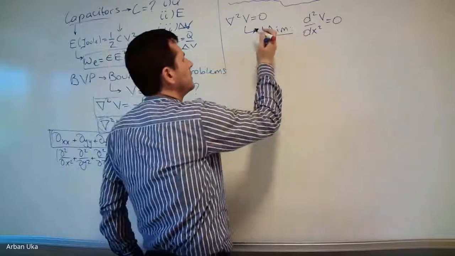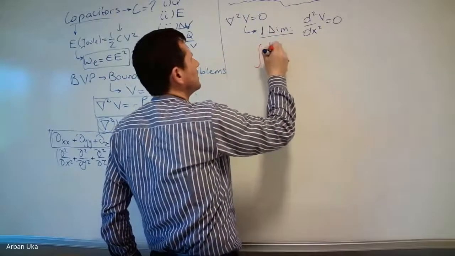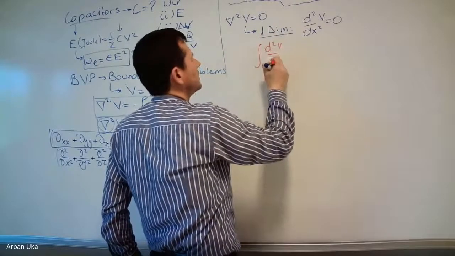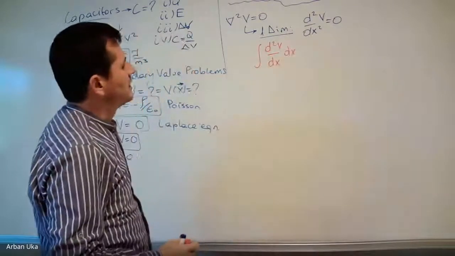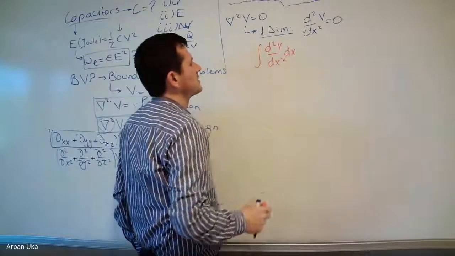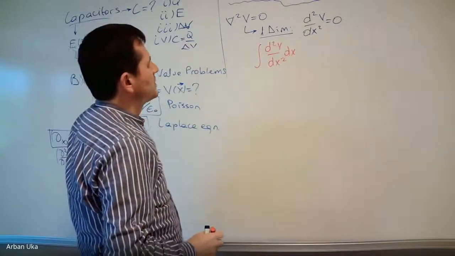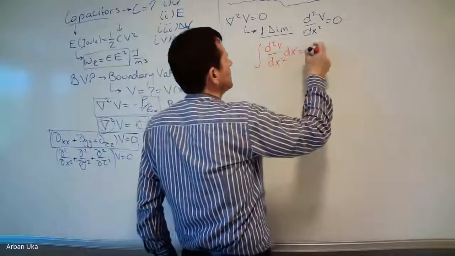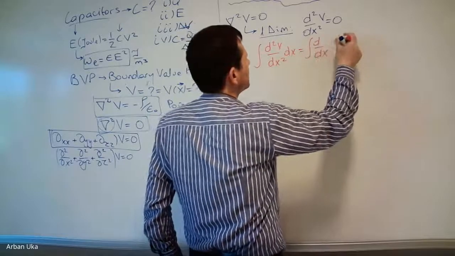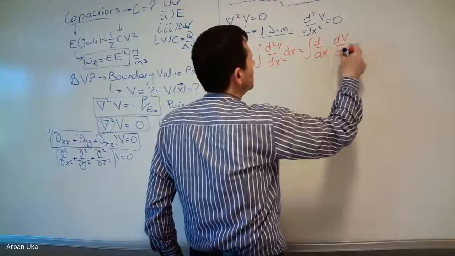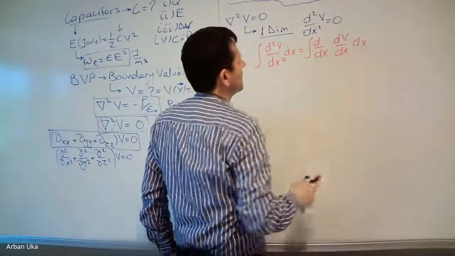So we would have the integral of the d squared dx. This is the integral, right? And this is like this. And what we see here, actually, it might be better if we write this one like this: dv over dx multiplied by dx.